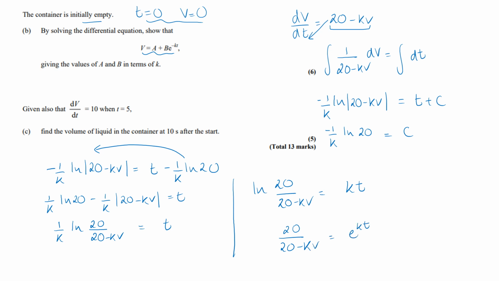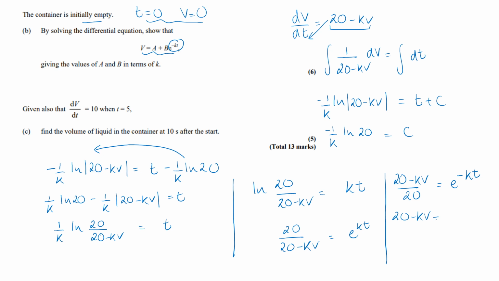Now a little trick here: we're trying to get to the minus, so we want a minus there. That will send that side upside down, so we can just turn the other side upside down and get 20 minus kV over 20 is equal to e to the minus kt, times by 20.